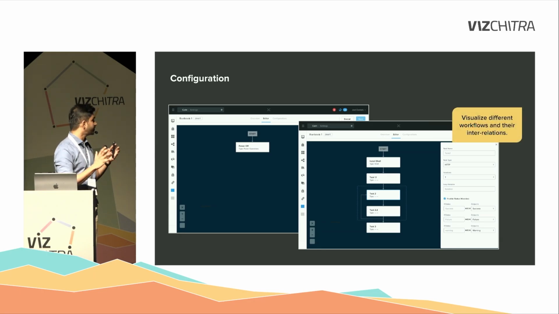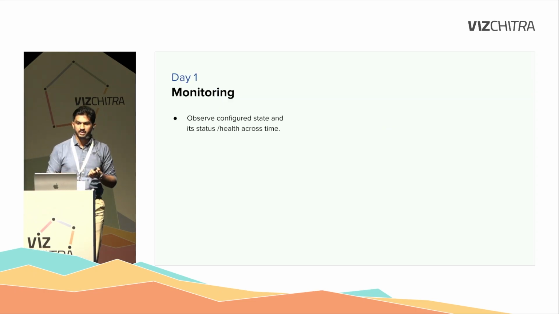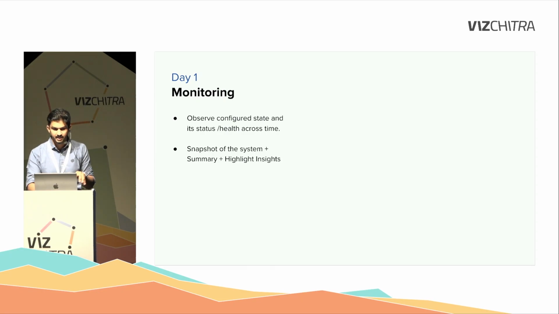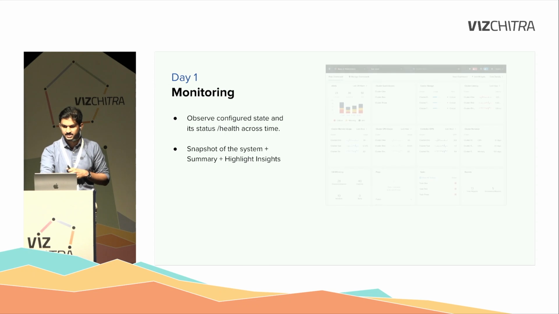Now, once we have configured this, we also need to monitor it. In terms of monitoring, what you're trying to do is basically observe the configured state in its status or health across time. You start by giving a snapshot of the system and you provide a summary and some high-level insights.